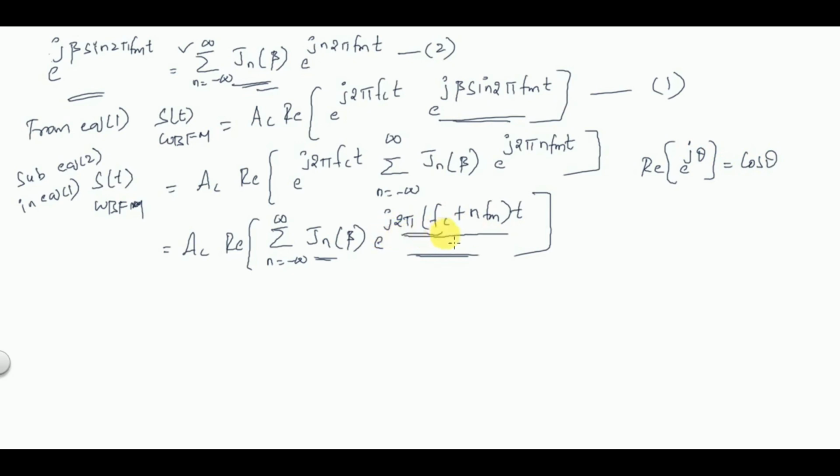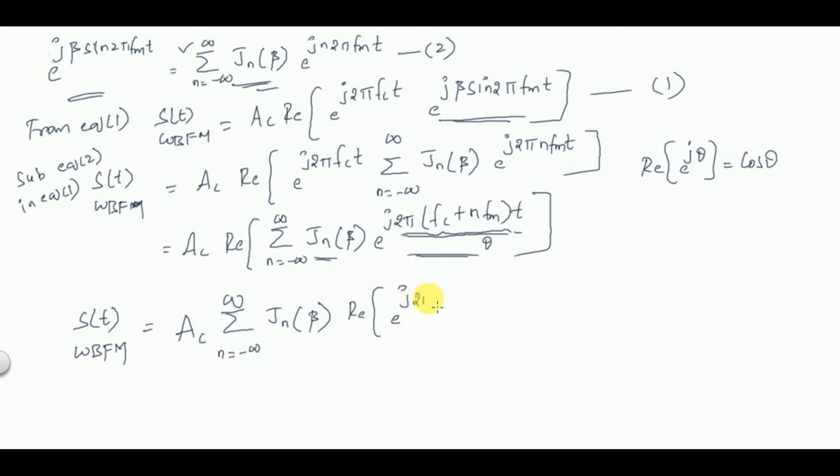So the standard time domain equation of the WBFM signal is AC into summation n equal to minus infinity to infinity Jn of beta into the real part of e power j 2 pi into fc plus n fm into t. This total is theta, and the real part of e power j theta is cos theta.